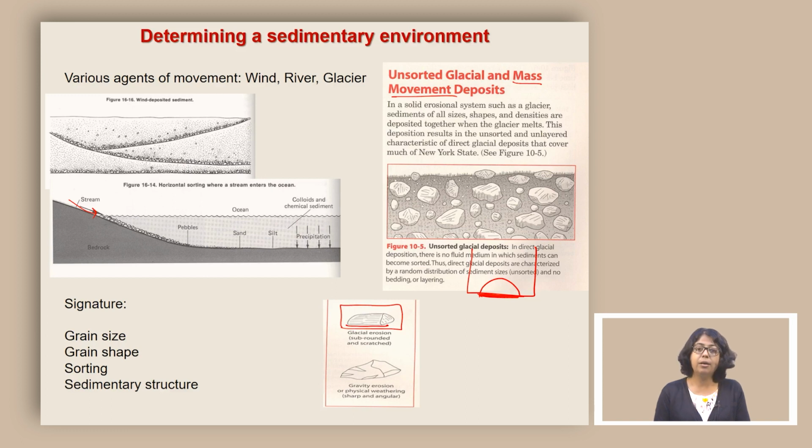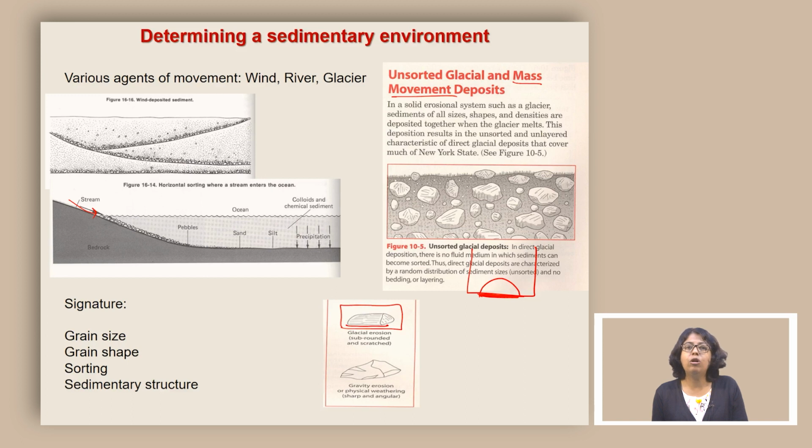So, one of the signatures that can help you to tell apart which is glacial and which is mass wasting is that in gravity or physical weathering or mass movement, you are going to get very angular grains without any polishing whatsoever.